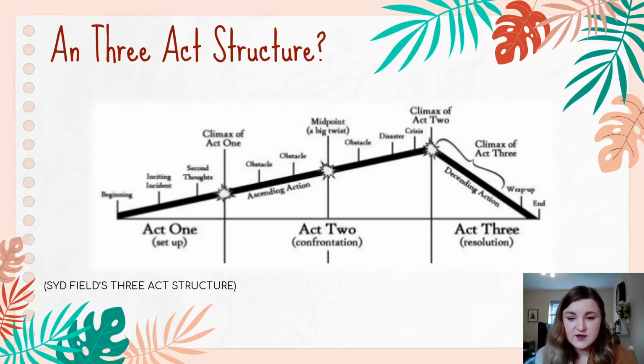Act 2 is what Syd Field calls the confrontation, and Act 2 would consist of scenes 5, 6, 7, 8, 9 and probably 10. So we have the date with Mitch.